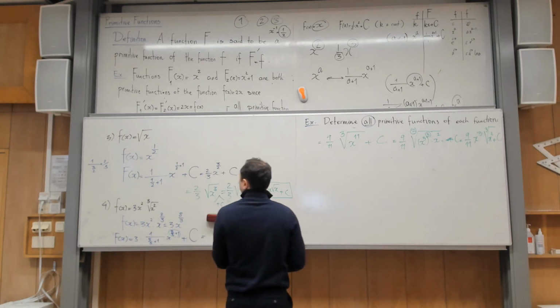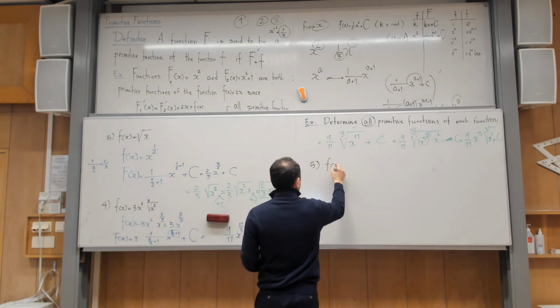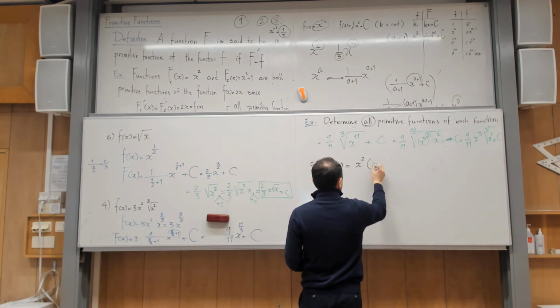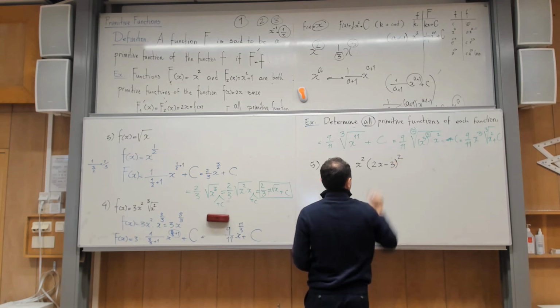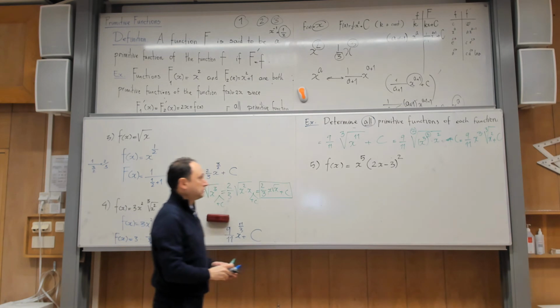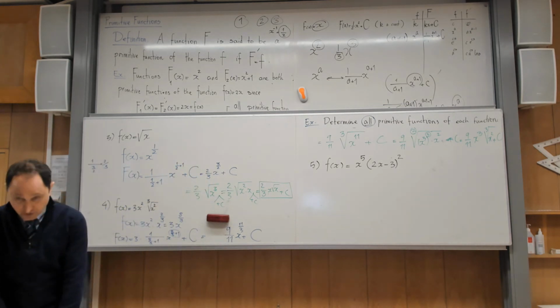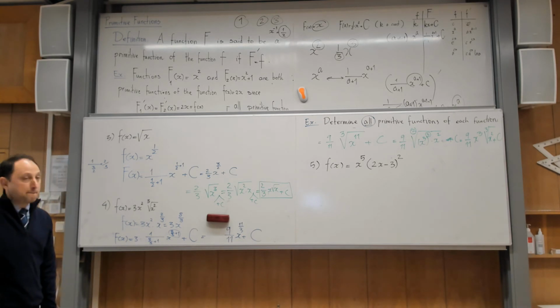Number 5. f of x, this is simple. So x to the power of 2, 2x minus 3 to the power of 2. Let me make it 5. You want to find all primitive functions for this function. So what am I supposed to do?